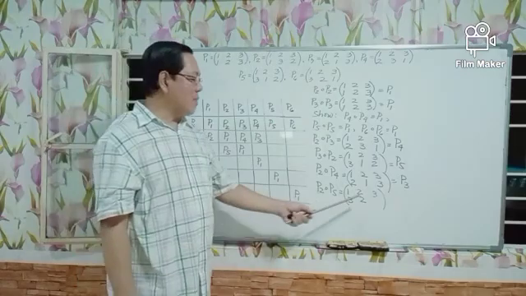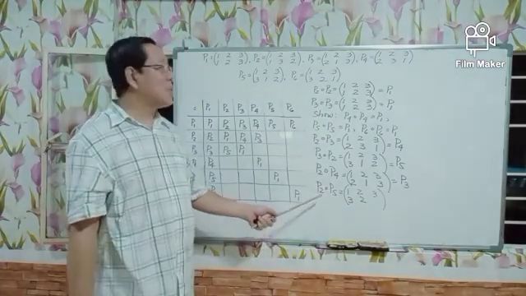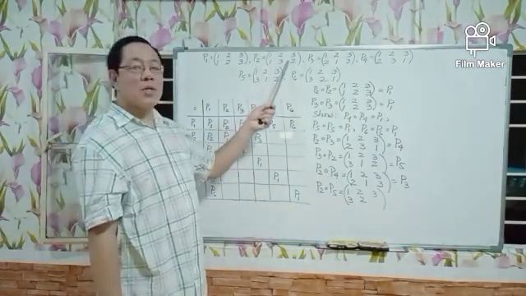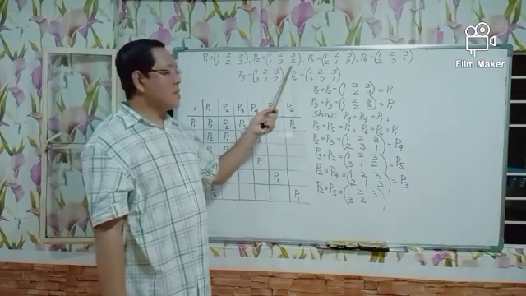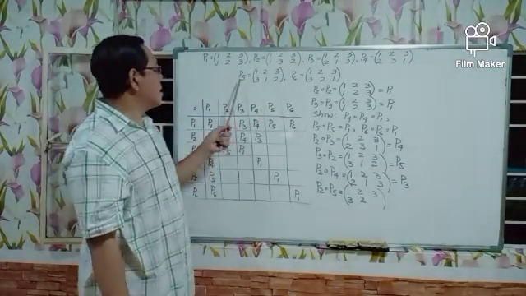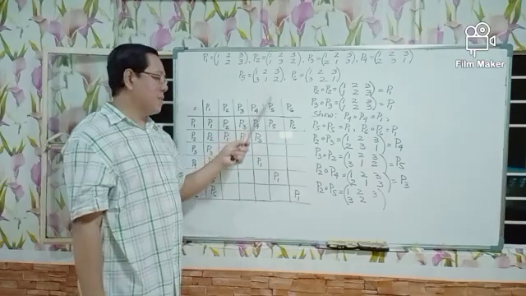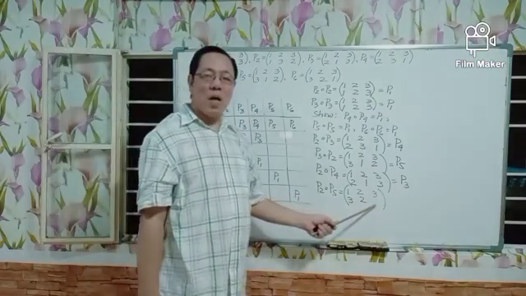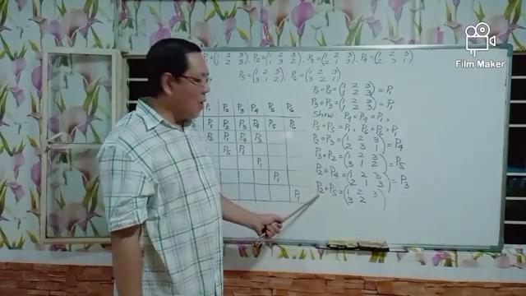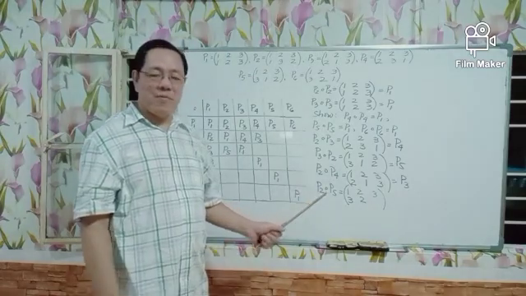And we find the image of 3 under P2. P2 assigns 3 to 2. And P5 assigns 2 to 1. Thus, 3 is assigned to 1 by the composition of P2 and P5.